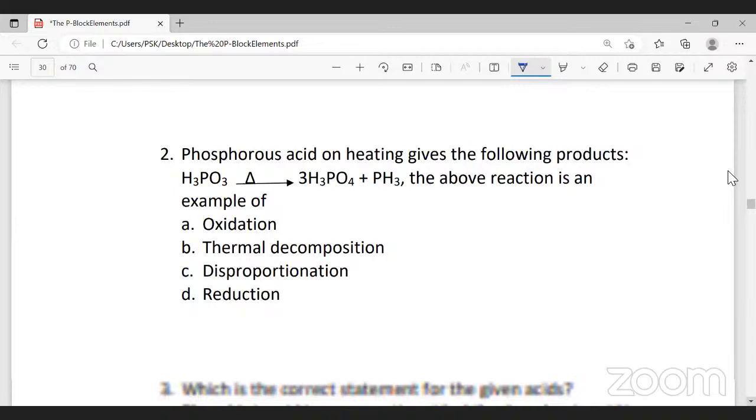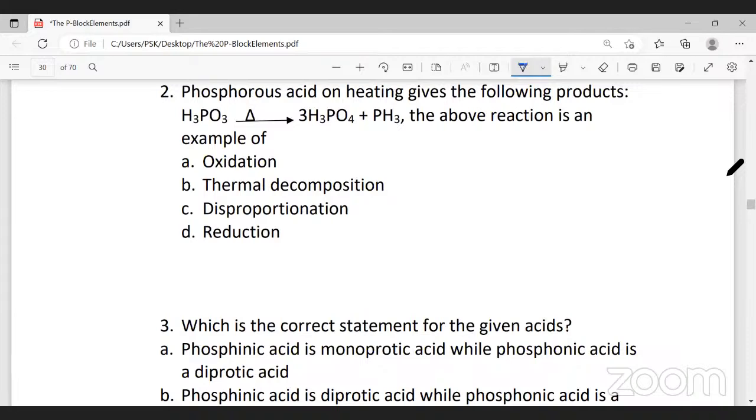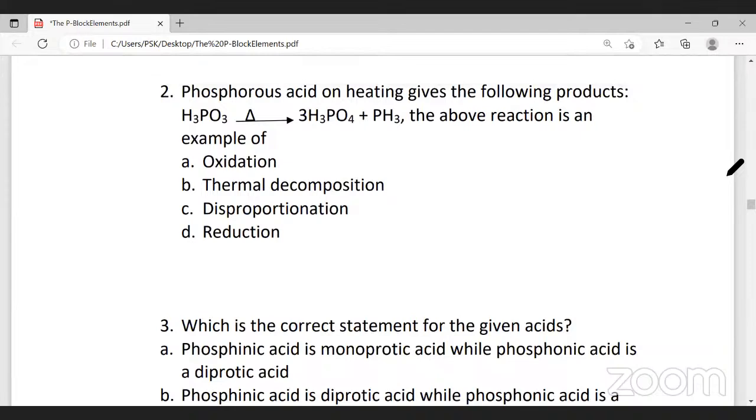Phosphorus acid on heating gives the following products.